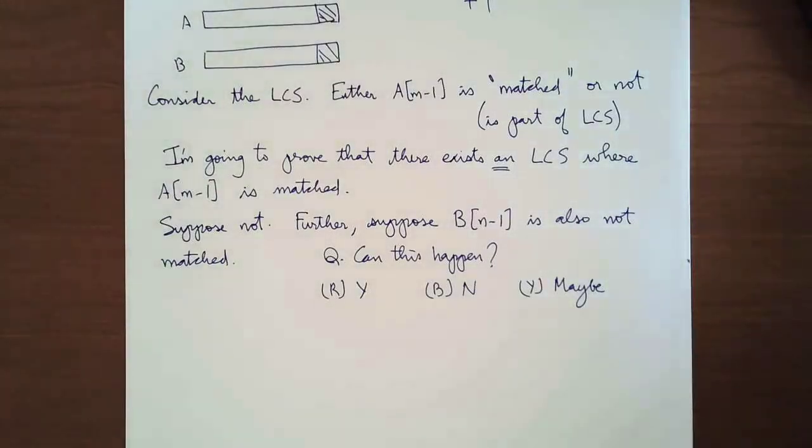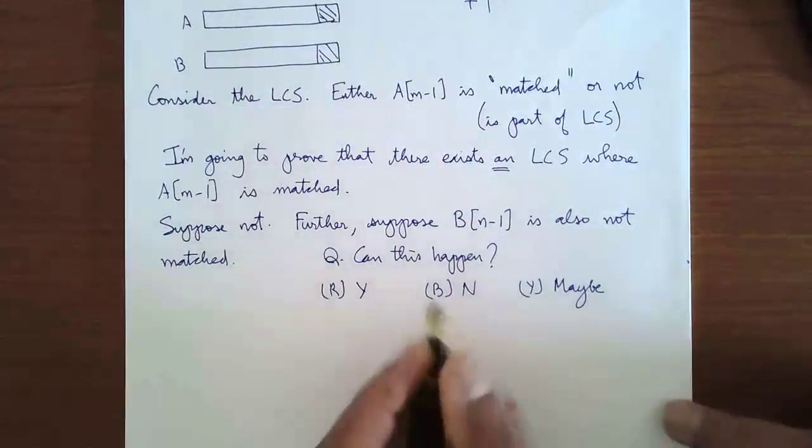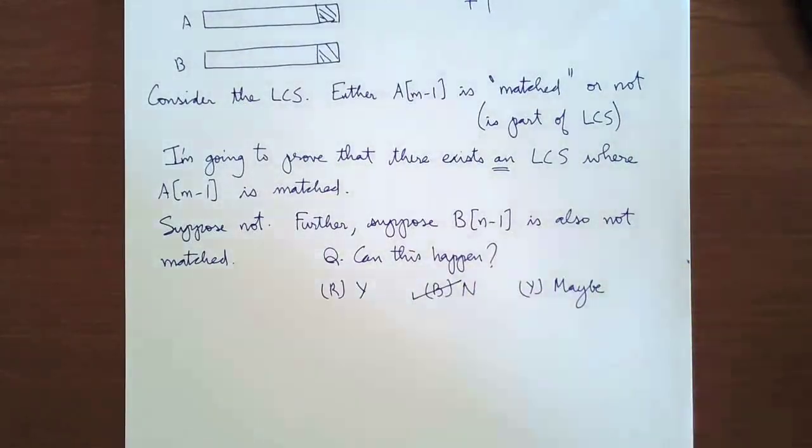Okay, you can see what the results look like. Actually, most of you got this wrong. The answer is no. This cannot happen. Does anyone who showed why it cannot happen want to say why?